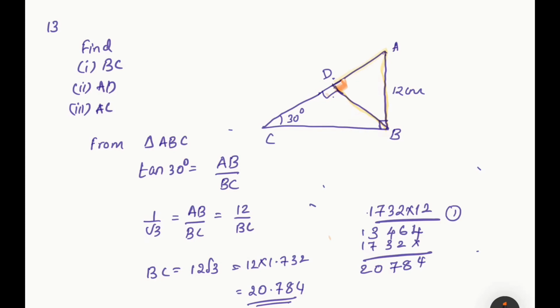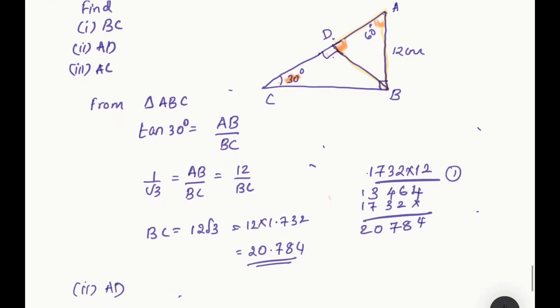Since this is 90 degree, this also will be 90 degree. Again, coming to this point, what is this angle? Since ABC is a triangle and this is 30 degree and this is 90 degree, you can write this angle as 60 degree, because the sum of the angles in the triangle should be 180 degree. So you'll get 30 plus 60, so this is 60 degree.